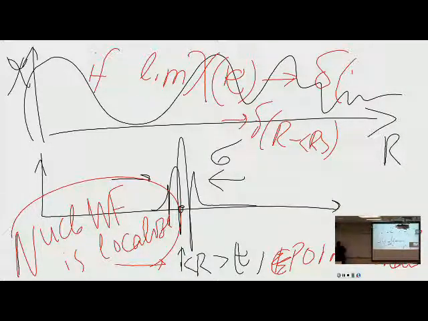So if you do nuclear wave function solution of time-dependent Schrödinger equation, then you write down expectation value for position, computed based on Schrödinger equation.